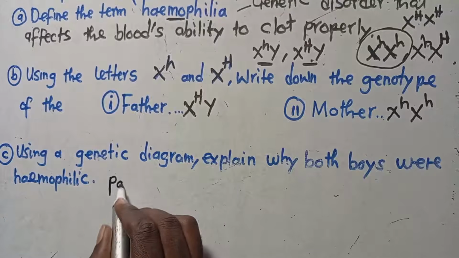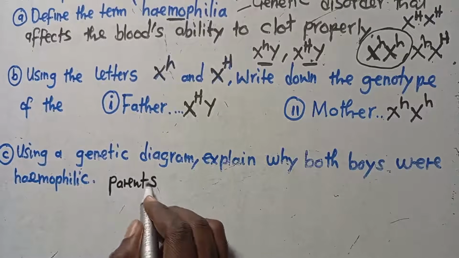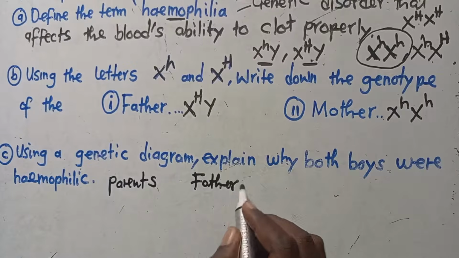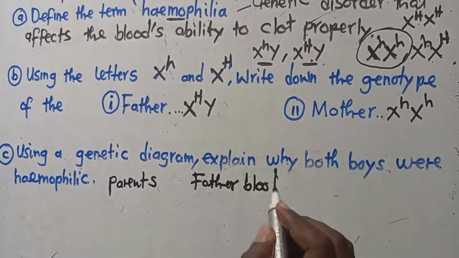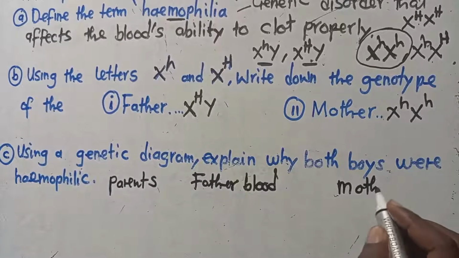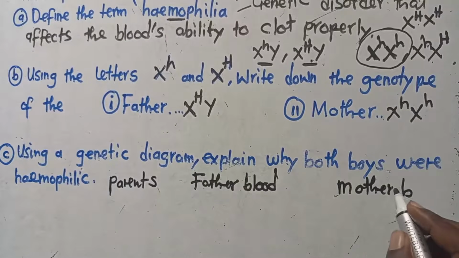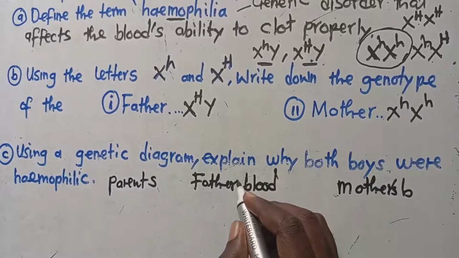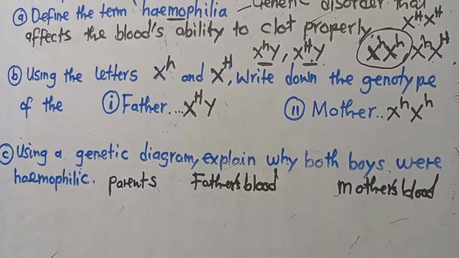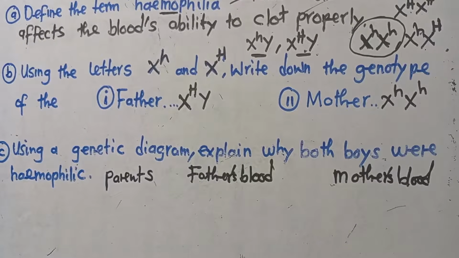I'll say parents: father's blood, and here I write mother's blood. After writing this, I now go to phenotype.